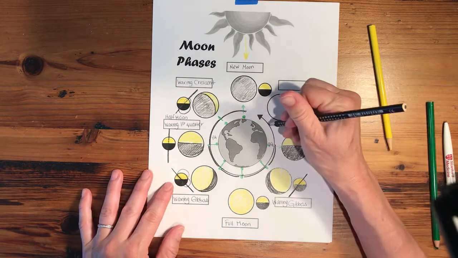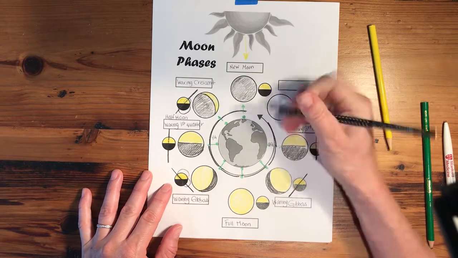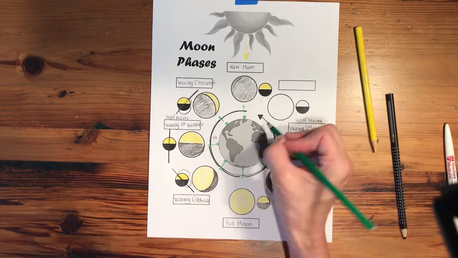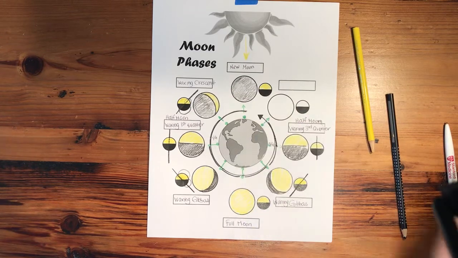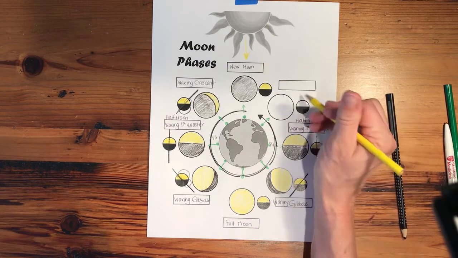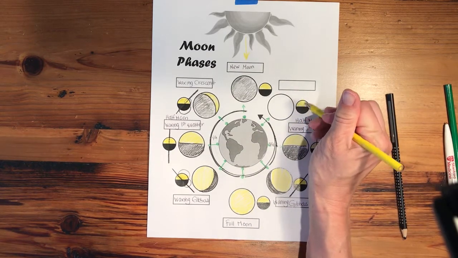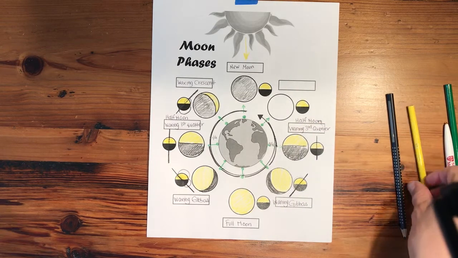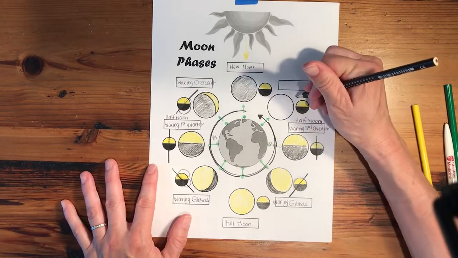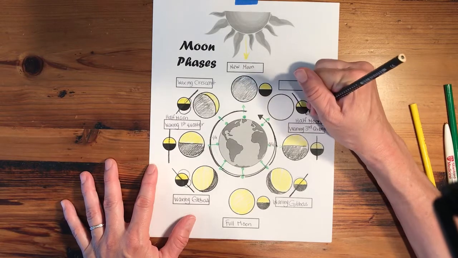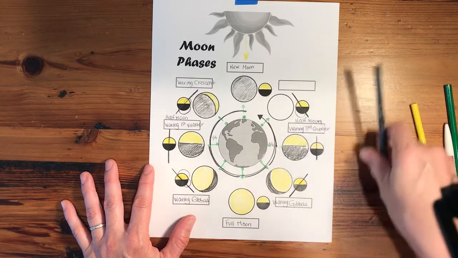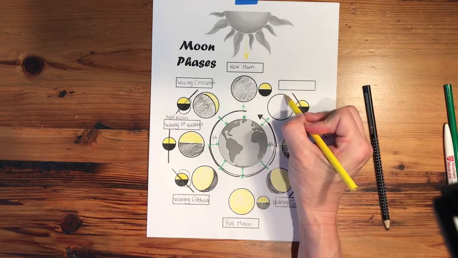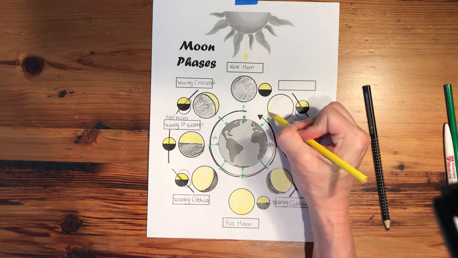Okay, let's keep moving. We are now 7/8 of the way through. We are standing here looking up at the moon. That same front side is lit up by the sun, but because we are looking at it from this angle, the majority is in the dark and only a small sliver of it is going to be lit up by the sun.